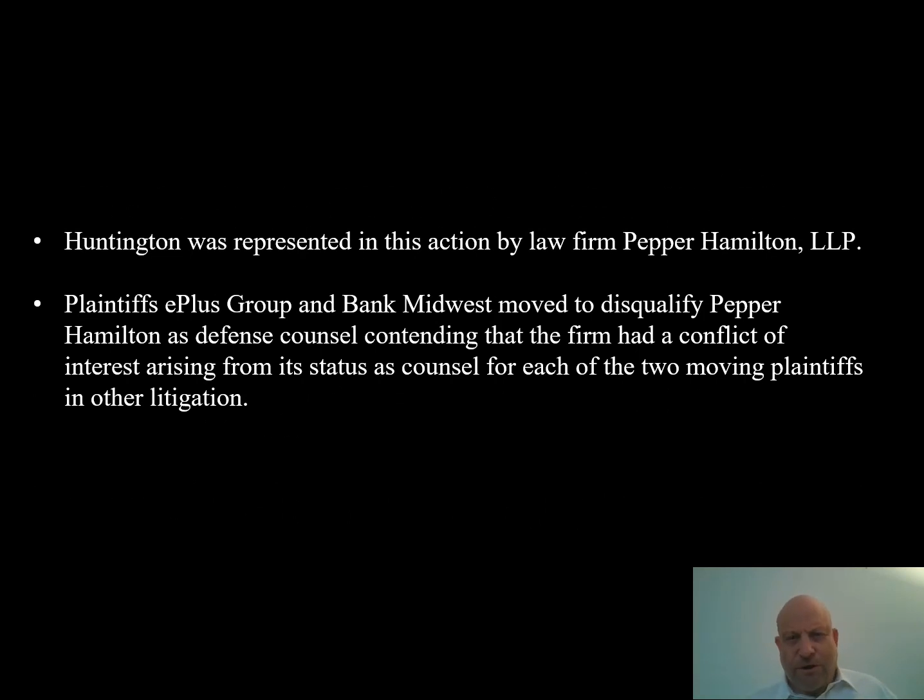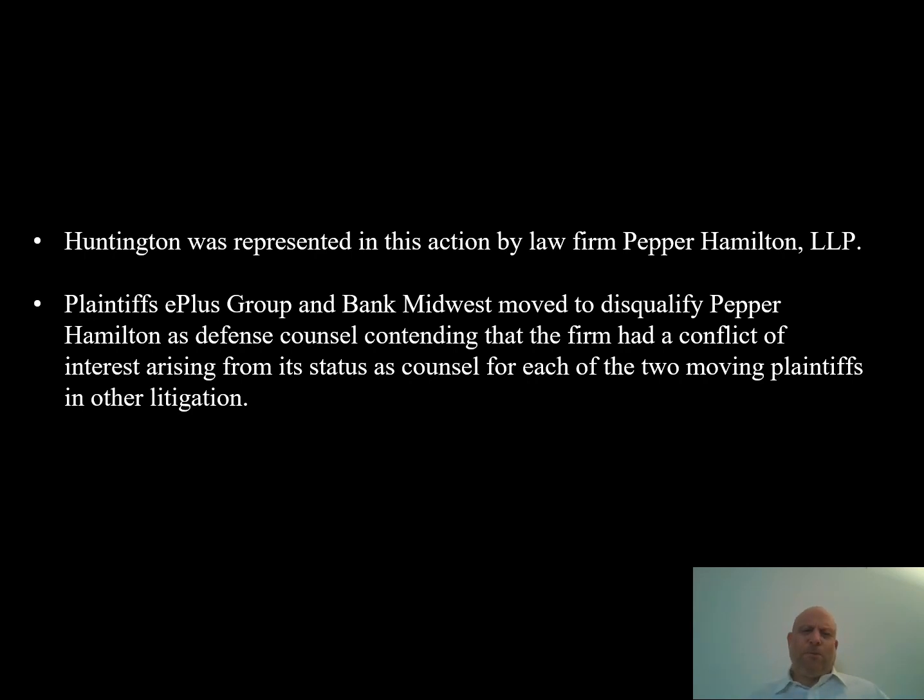So I'm going to summarize that a little bit. Obviously, I'm going to go into a lot of detail later. But basically, this is an adversary proceeding brought by a few entities, E Plus Group and Bank Midwest. The important thing is that it was brought by Bank Midwest. It's an adversary proceeding basically saying that Huntington Bank aided and abetted the debtor's fraud.